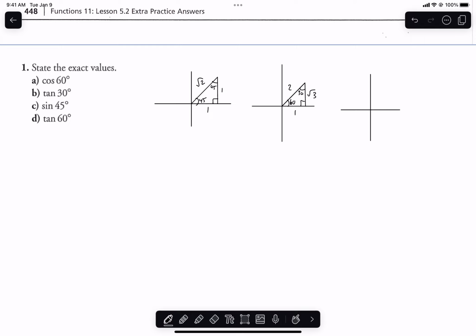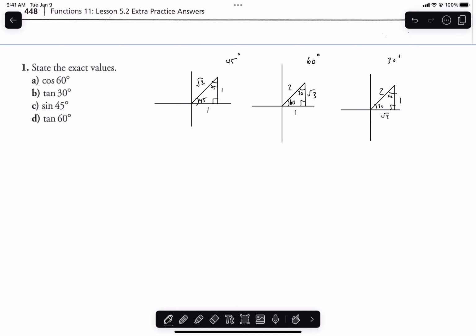And you'll see in a minute when I go through the video for number 2, we're going to end up using these to evaluate as well. Okay, so this is going to be the angle 30, 60. Okay, so we have the 45-degree triangle, we have the 60-degree triangle, and we have the 30-degree triangle.